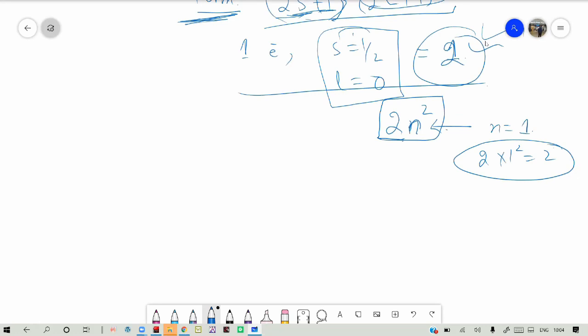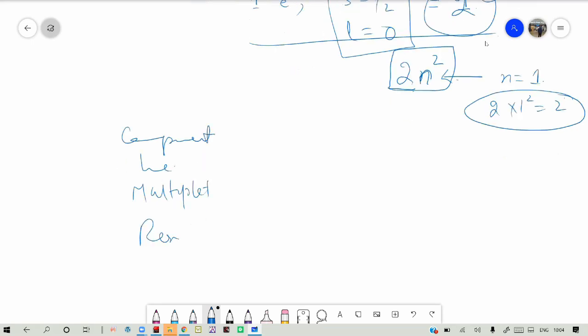Then there are different components of spectral lines. We have already done these. We have a line of a spectral series. We have multiplet. We have resonance line. All this I have already introduced here.